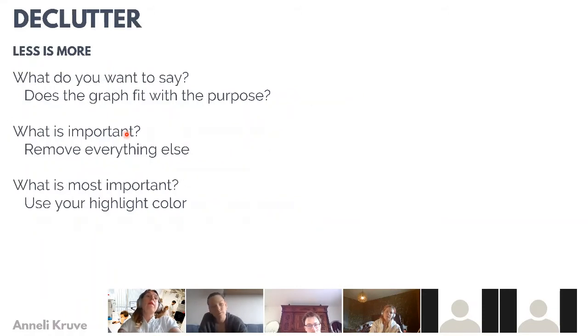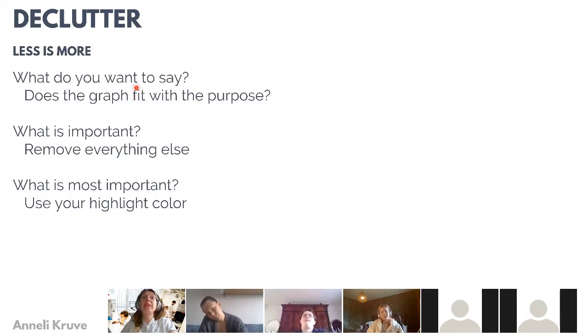And this font size is already related to another important aspect of doing a presentation, and this is decluttering. And here really less is more, in the sense that if you can rip off parts from your graph that are not needed, then this should definitely be done, because otherwise the readers or the listeners will be lost. So again, think what is it that you want to say.